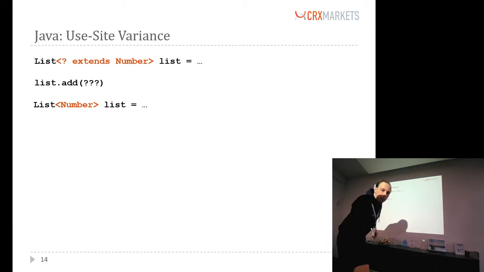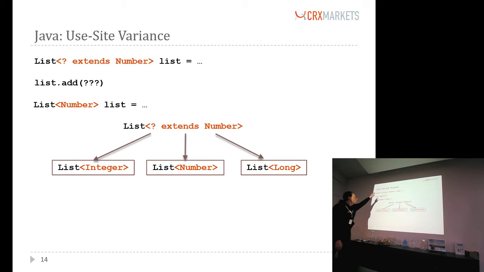Actually, the first notation means that this reference is a reference to any kind of collection whose type parameter extends number. So this could be a reference to a list of integers, we don't know that. This could be a reference to a list of numbers, or to a list of longs. We don't know which exactly. So what can we say about this collection?